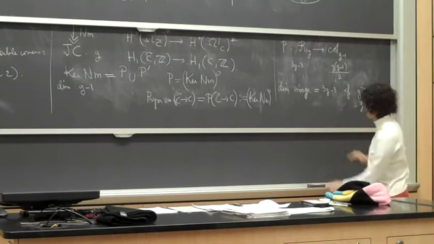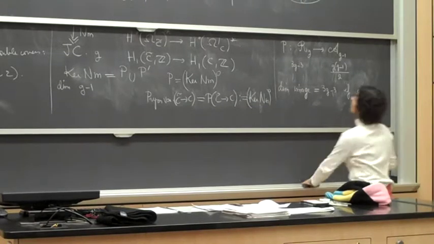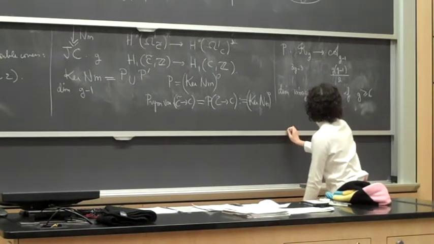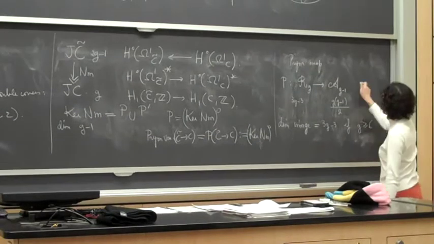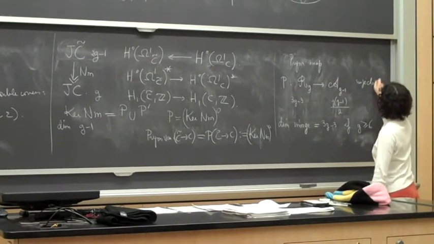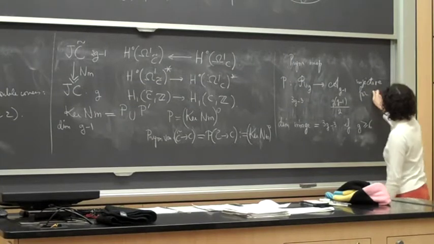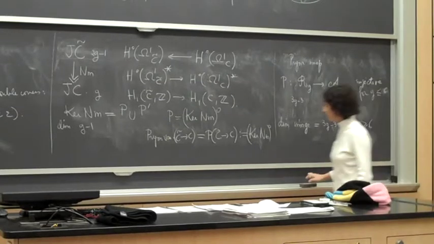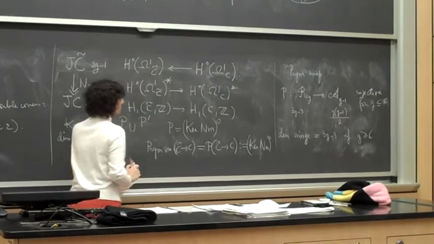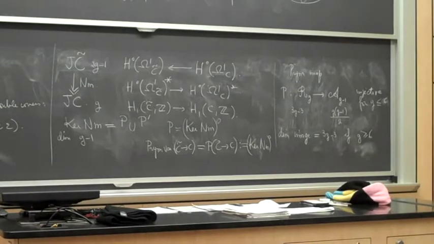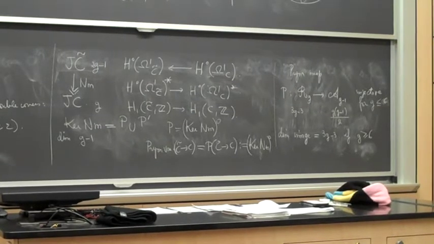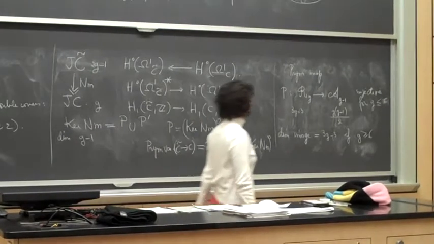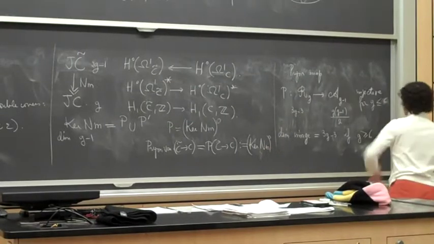So the Prym map is surjective for G less than or equal to 6, actually. So that's better than what we had before, right? It couldn't be surjective for G greater than or equal to 4 for the Jacobians, but here it is surjective for G at most 6.